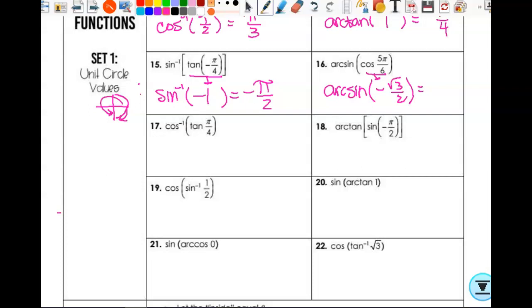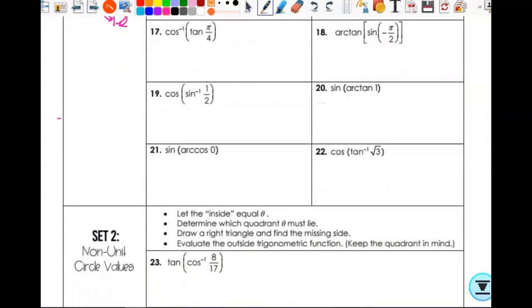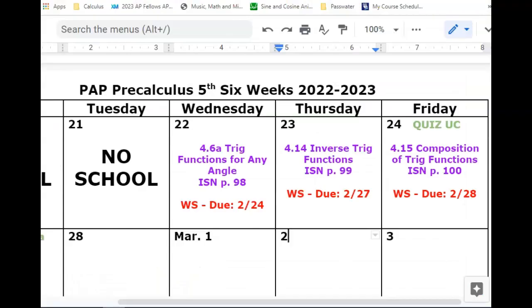First and fourth. So this one will be fourth. And then the reference angle that gives me a sine value of the square root of 3 over 2 is pi thirds, right? So then what's my actual answer? Negative pi thirds. We good with all that? Questions? All right, so now I'm going to have y'all help me with some.